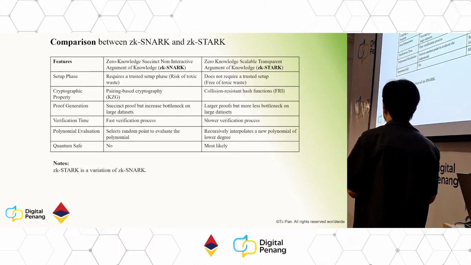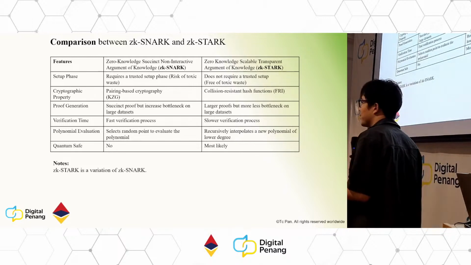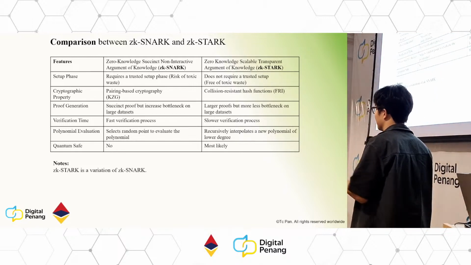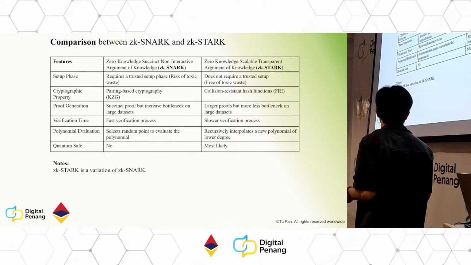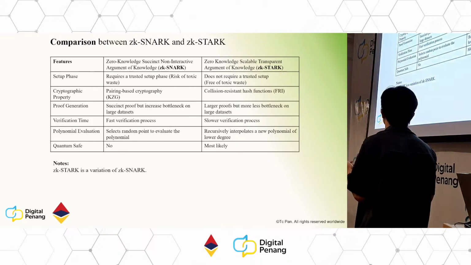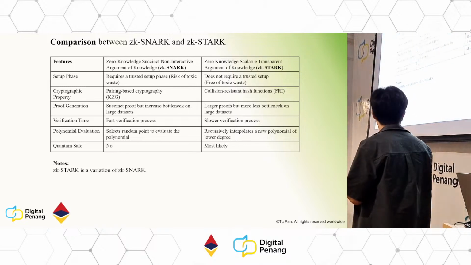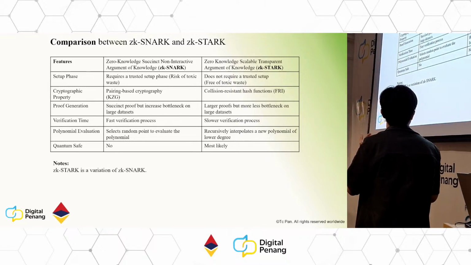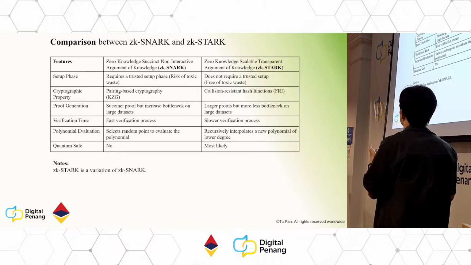One of the advantages of GK-Snark is that the verification time is faster compared to GK-Stack. For polynomial evaluation, GK-Snark selects random points to evaluate the polynomial, and GK-Stack recursively interpolates a new polynomial of lower degree.